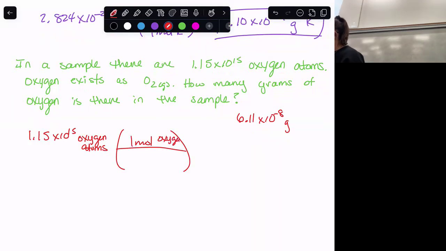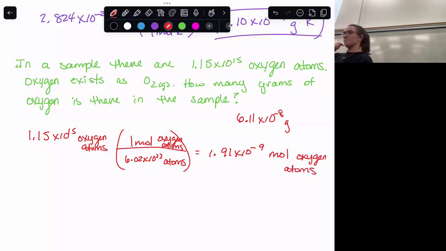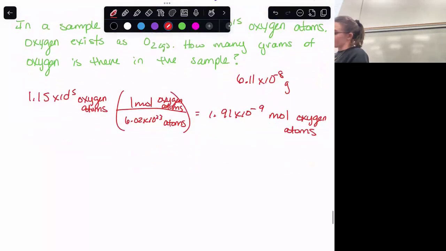And I got 1.91 times 10 to the negative 9, which is moles. Perfect.